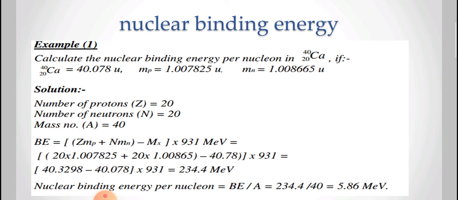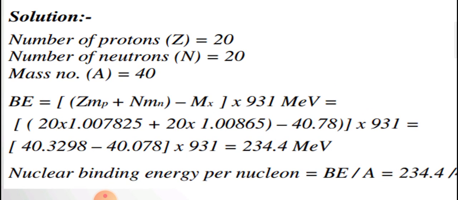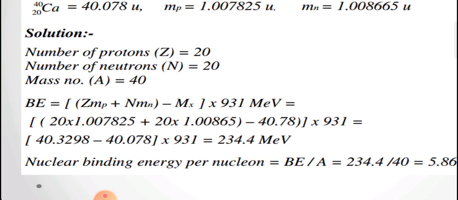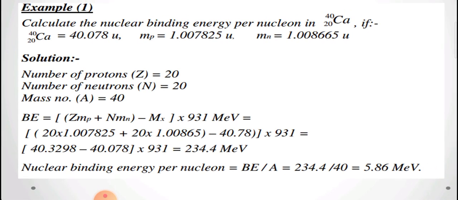This bracket equals delta M times 931. Z times MB, the number of protons 20 times the mass of one proton, plus the number of neutrons times the mass of one neutron, minus MX, the actual mass, times 931, equals 234.4 MeV.